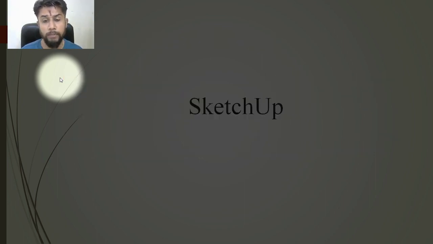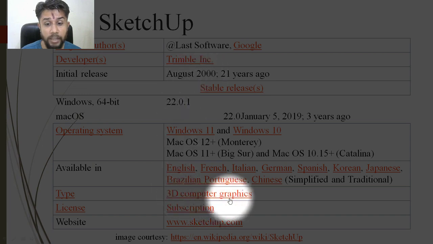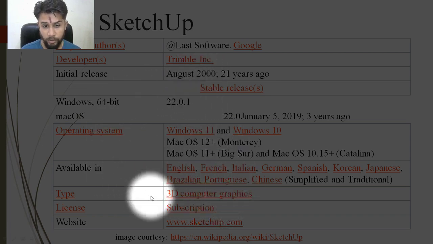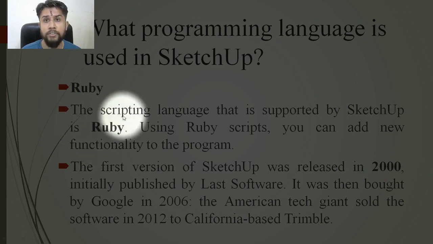Now moving on to the next tool, that is SketchUp. This information is readily available on Wikipedia. You can go through it. The scripting language for SketchUp is Ruby, and using this Ruby script you can add new functionality to the program.